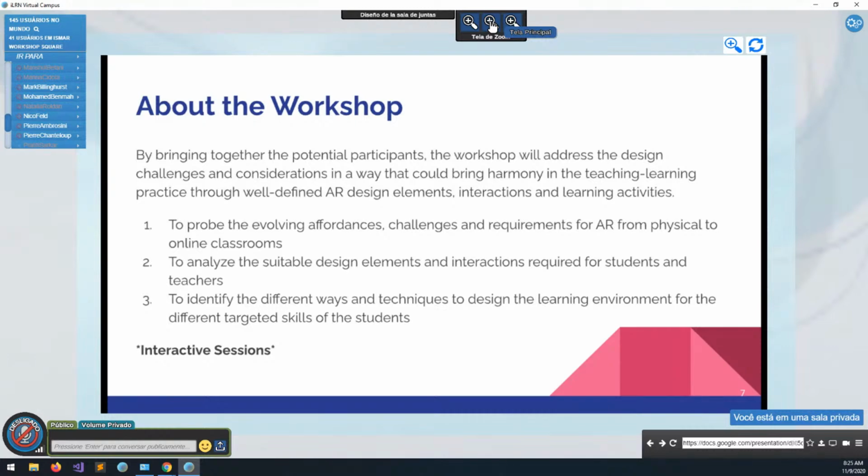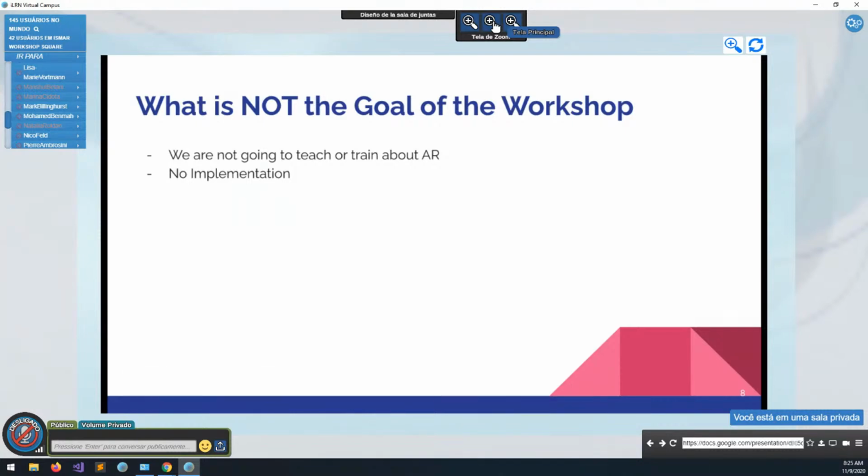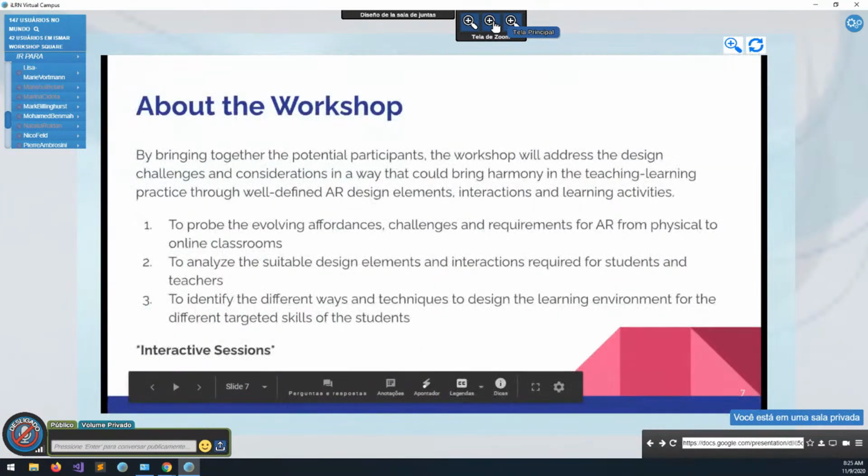Yeah, so moving on to the details about this workshop. This workshop was basically targeted towards bringing together the potential participants who can address the design challenges and considerations in a way that could bring harmony in the teaching learning practice. And these all can be attained through well-defined AR design elements, interactions, and learning activities.